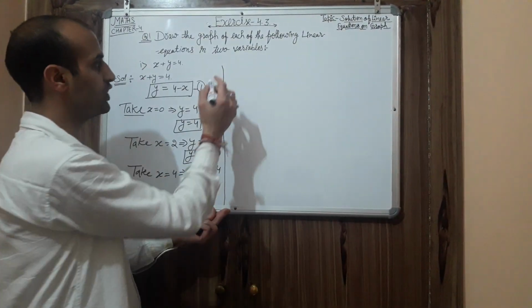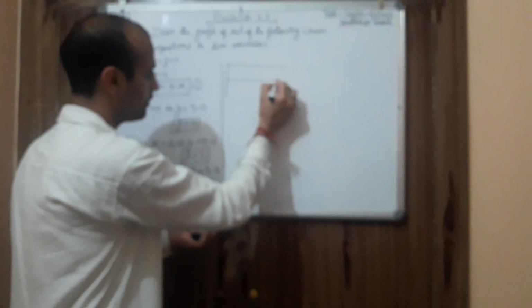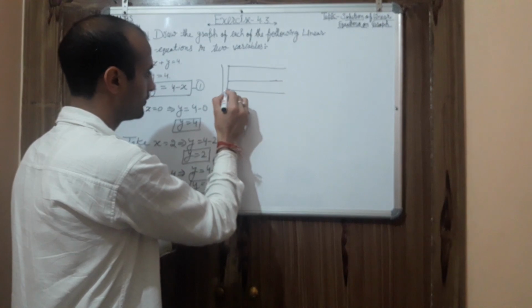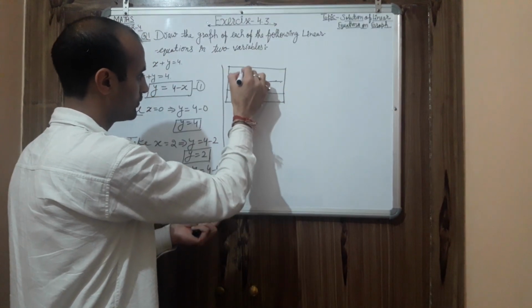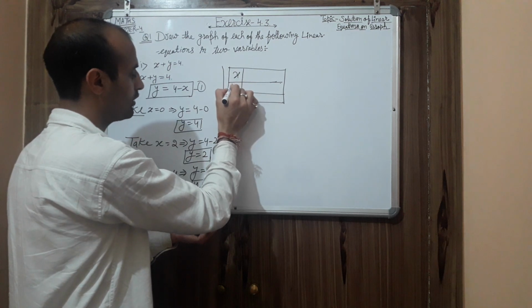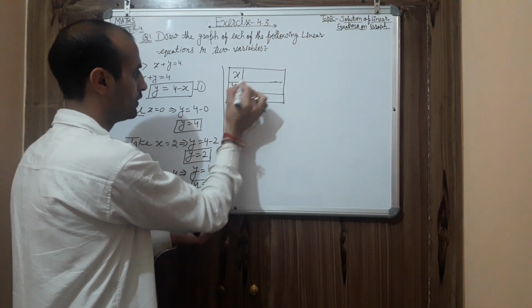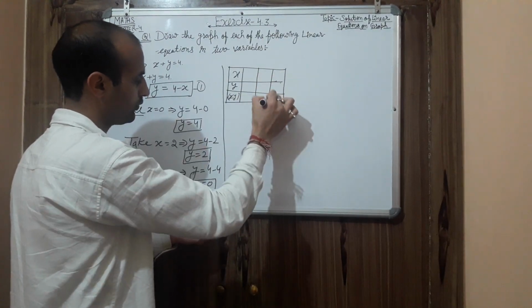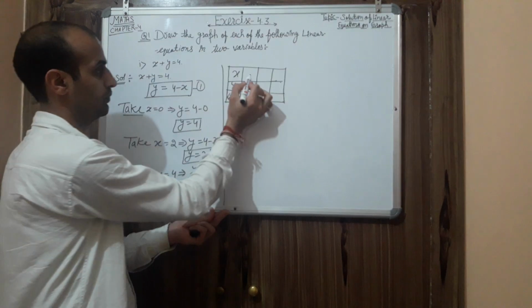So for that I need to make one table. So let's make a table first. First x value, then y value, and then both values x comma y together. What is the first value of x we have selected? We have selected 0.